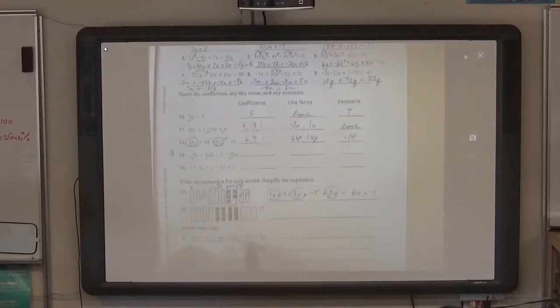And what property says that 5 times n plus 4 is the same as 5n plus 20? What property is that? This is the distributive property.